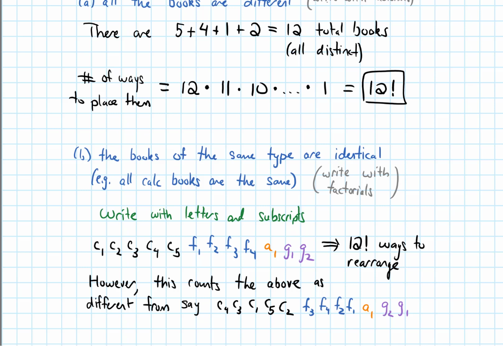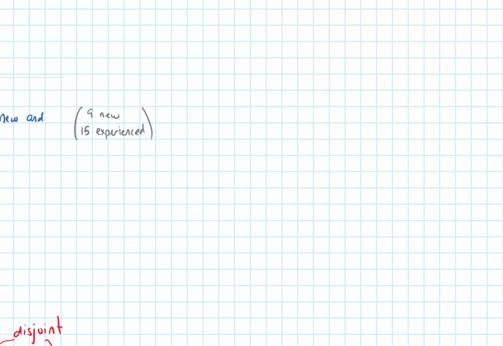So 12 factorial is going to overcount, because it's counting arrangements like these that I've drawn as different when they're actually the same in part B. So thus, writing that down, 12 factorial overcounts, which makes us a little bit sad. So let's fix this.